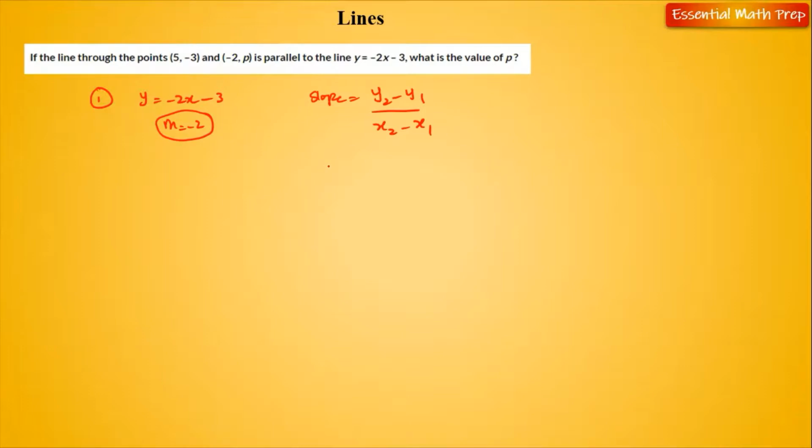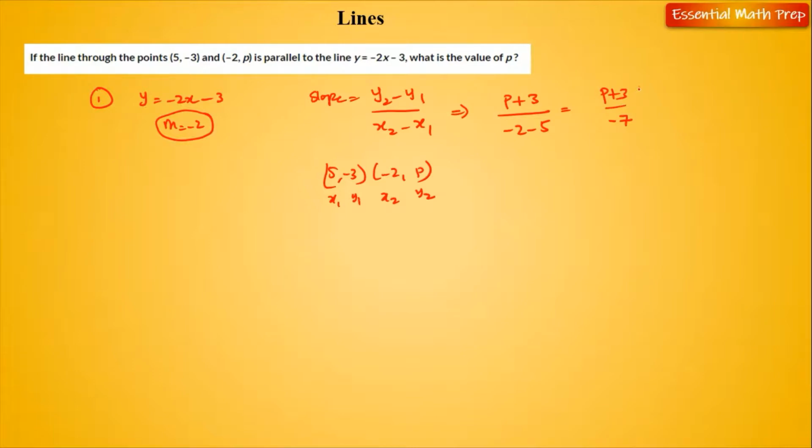So if you write 5 and -3 and -2 comma p, assign this x1 y1, x2 y2. Now you could always switch it around, doesn't matter. So that means if you write these terms, these ordered pairs in the slope form, it would look like p plus 3 over -2 and -5, right? Which is same as p plus 3 over -7.